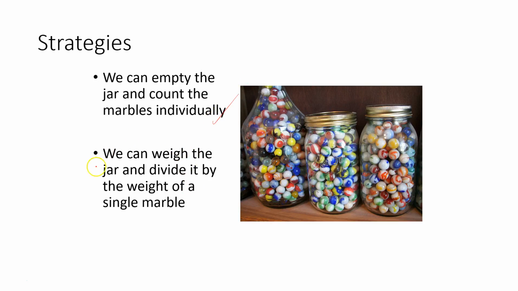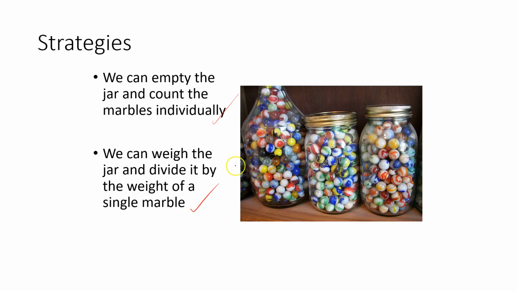The next approach is that we could weigh the jar and divide it by the weight of a single marble. We'll ignore the fact that the jar has a weight, just to simplify the explanation. So we're looking at fewer operations: we weigh the jar, which is 1, and then divide by the weight of a marble, which is 2 operations.